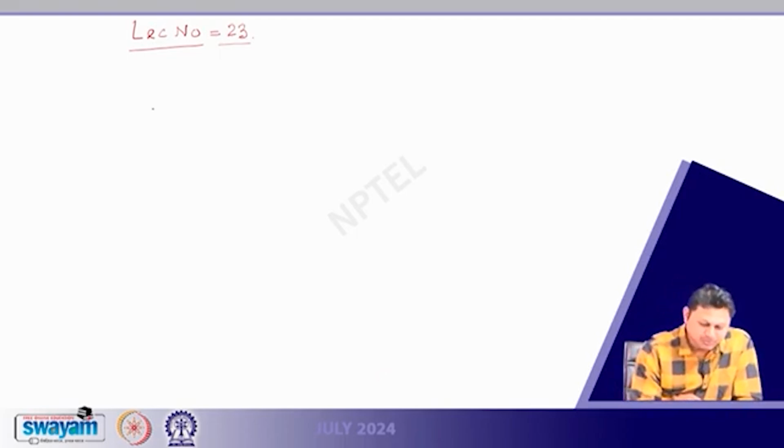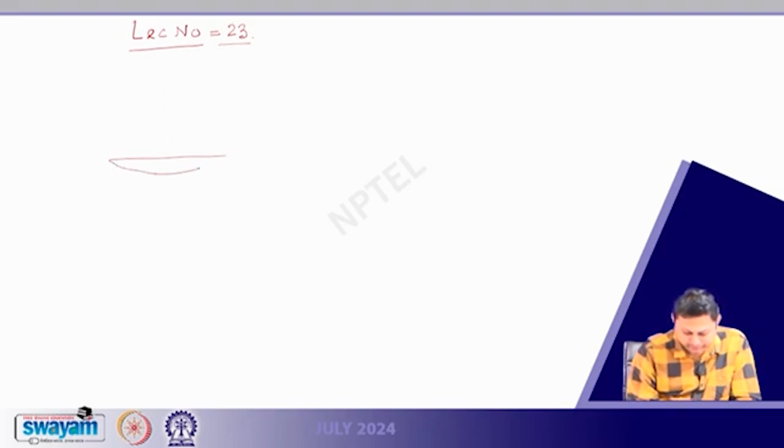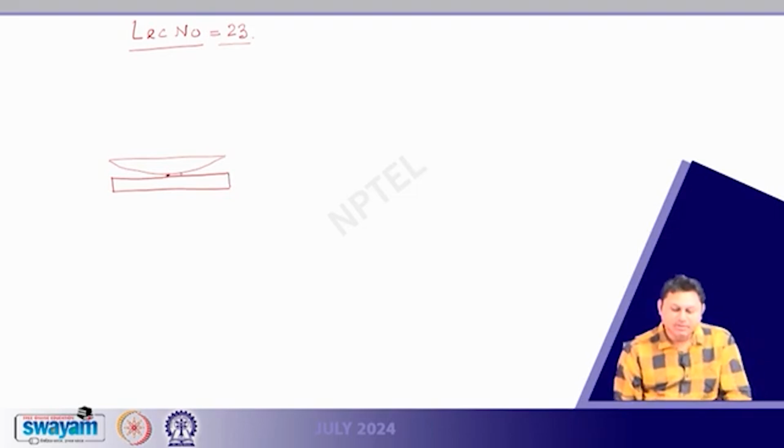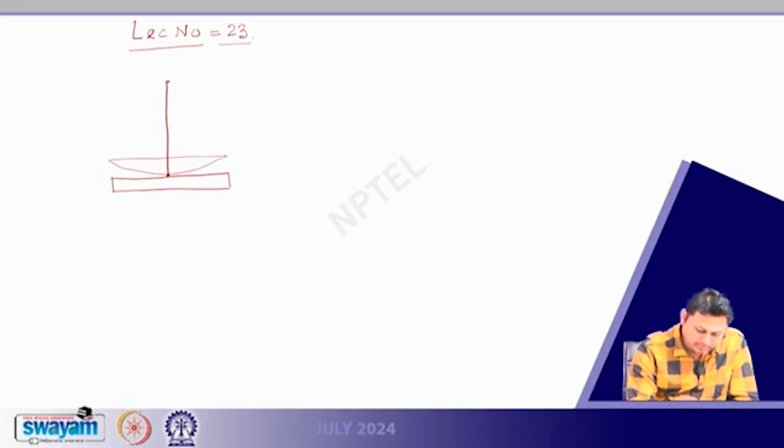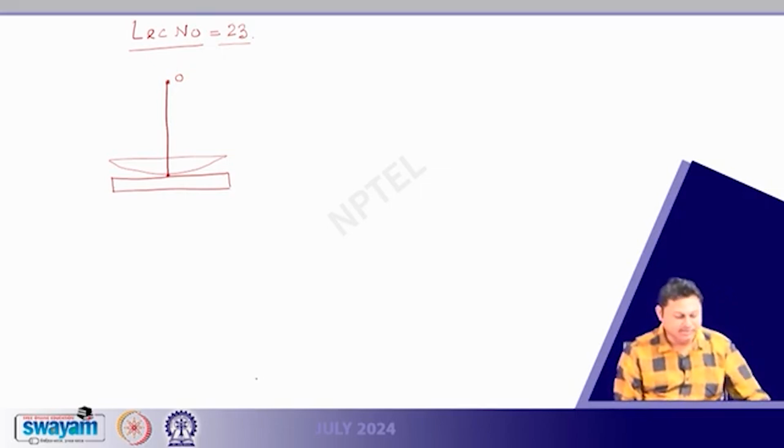First let me draw once again the basic structure of Newton's rings, where we have a glass plate, over which, at this contact point, sits a plano-convex surface, and O is the center of curvature that it has.